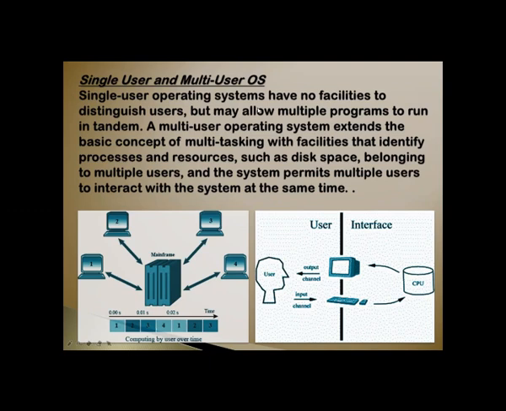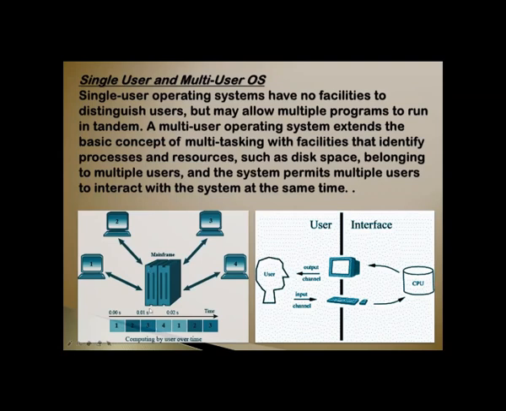Single user operating systems have no facilities to distinguish users but may allow multiple programs to run in tandem. Multiple tasks could be performed but multiple users could not be connected. A multi-user operating system extends the basic concept of multitasking with facilities that identify processes and resources, such as disk space, belonging to multiple users.